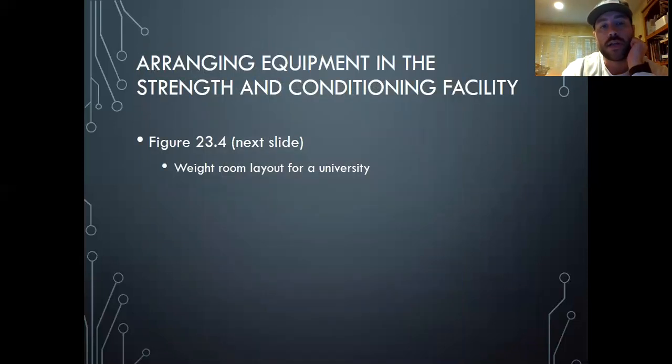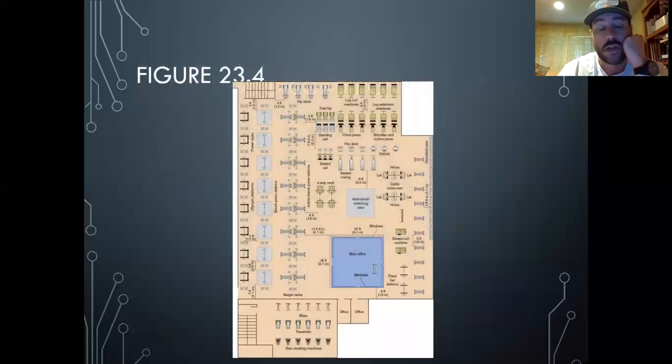Now, let's take a quick look at something for a university. This one you could probably compare to a massive major facility that you could inherently build yourself. Look at the differences. Still, everything is grouped together, but now we've had to add more space for our different pieces of equipment.